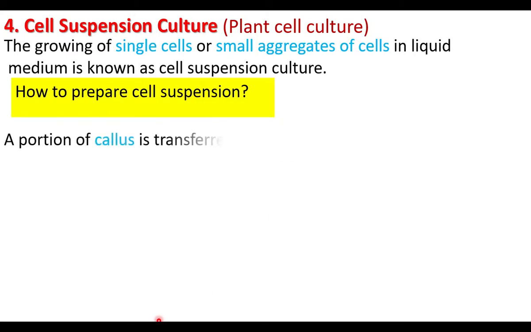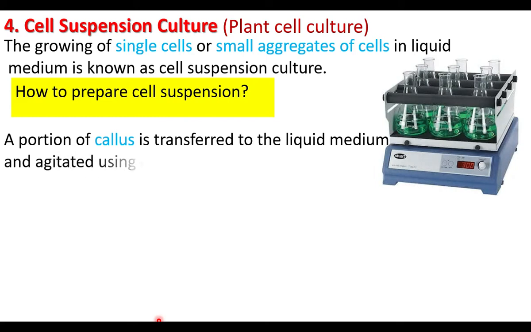A portion of callus is transferred to the liquid medium and agitated using a rotary shaker. The shaker agitates, so when the callus divides and produces new cells, the new cells become suspended. New cells will be free because the callus is kept in the shaker.